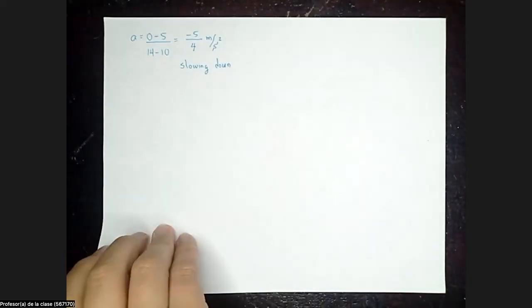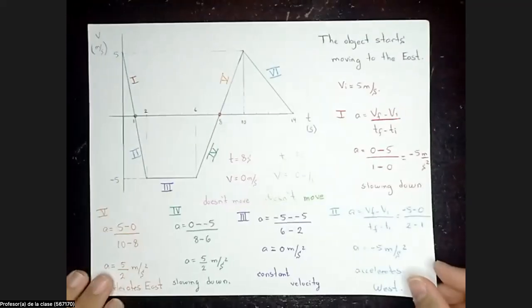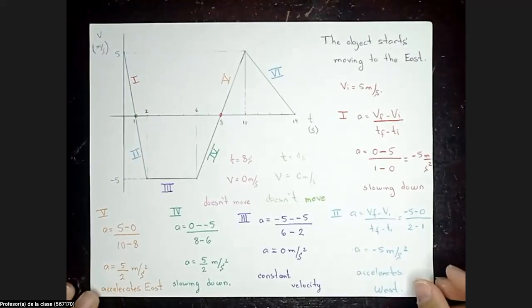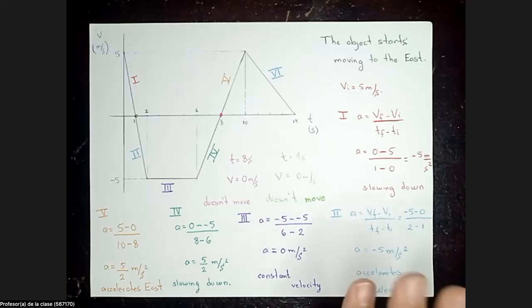Very good. I calculated all the accelerations for the entire graph, for each interval, and made the interpretation of slowing down, accelerating, constant velocity.